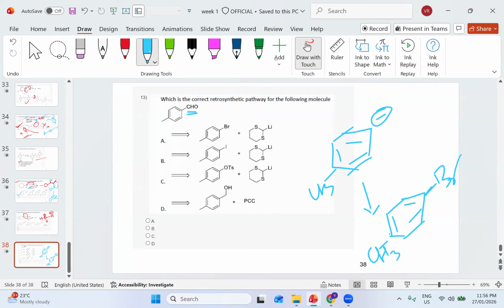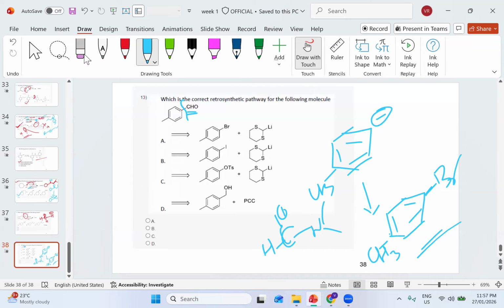So this will be the first synthon for the first part, the benzene part, and this is the synthetic equivalent. Now move to the other part. If we had some options like HC double bond O and dimethyl, then this would be the correct one.